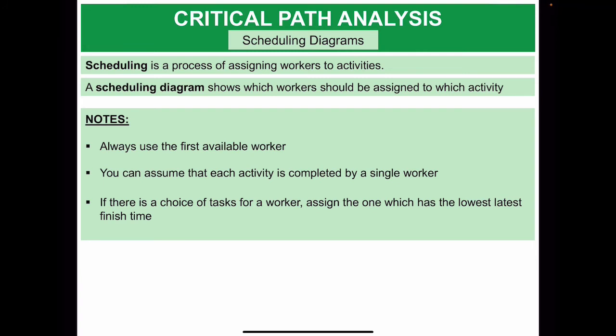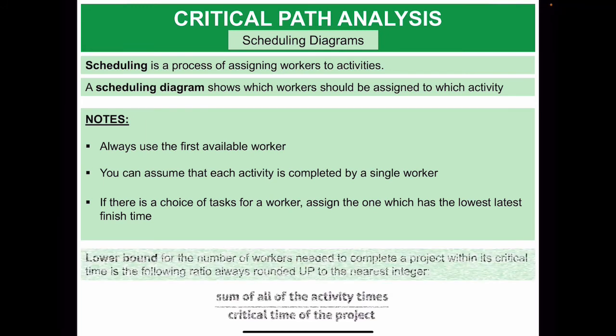So if I have 2 tasks that I can assign to one worker, I'm going to choose the one that has the lowest latest event time. This scheduling diagram, when you complete it, shows you which workers should be assigned to which activity. So basically it's like the schedule in the school.